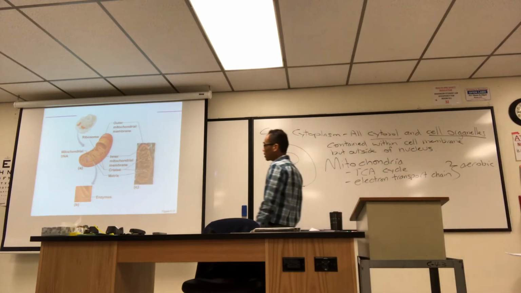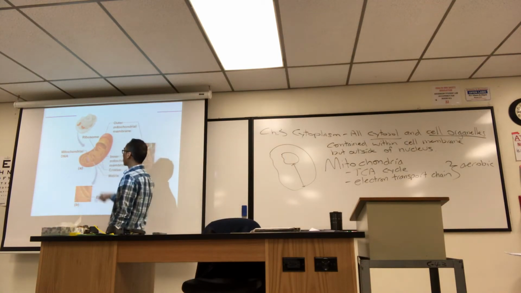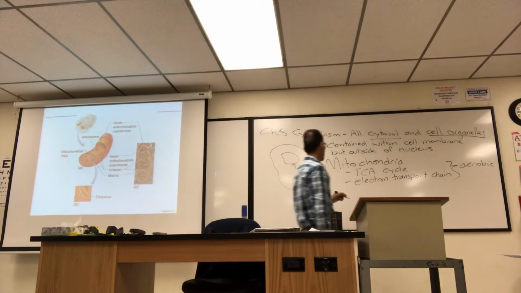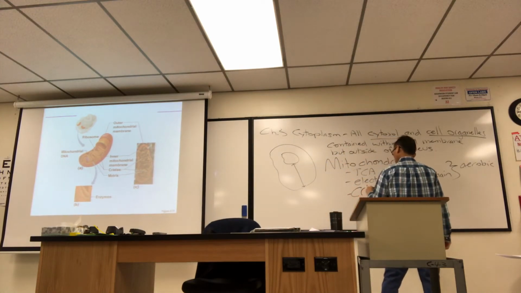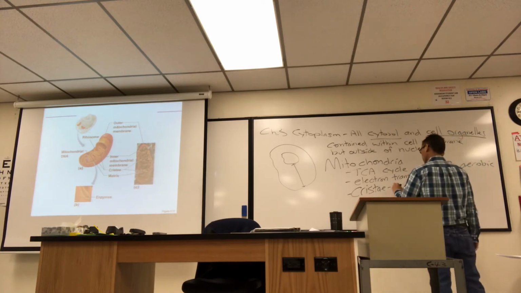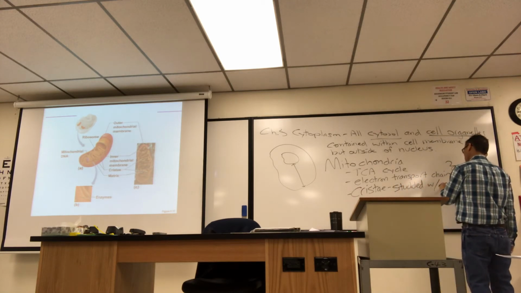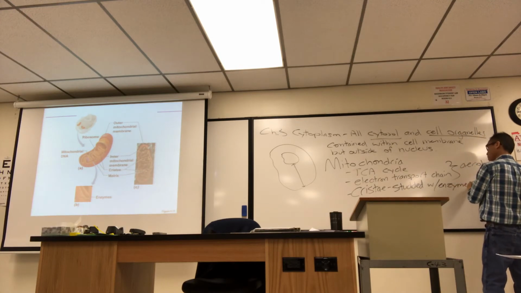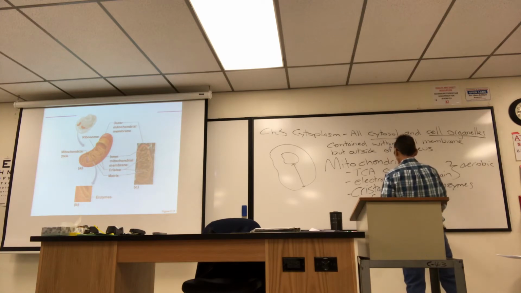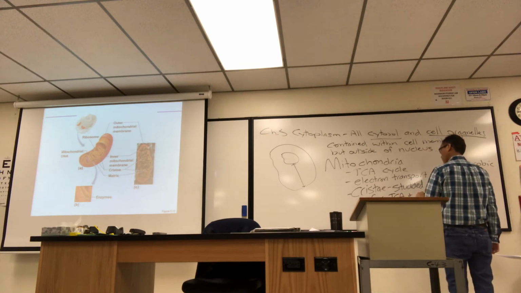Structure-wise, it has a double membrane because all these chemical reactions require lots of enzymes. And so this inner matrix called the cristae, I'll just say it's studded with enzymes for TCA and electron transport.